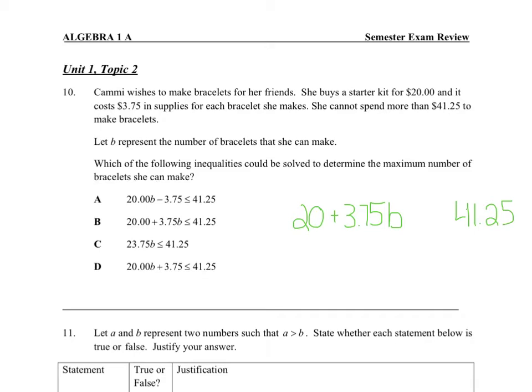So that's her max amount, which means that this part has to be less than or equal to $41.25. Therefore, if we look at all of the answer choices, our answer is going to be B. 20 plus 3.75B is less than or equal to 41.25.